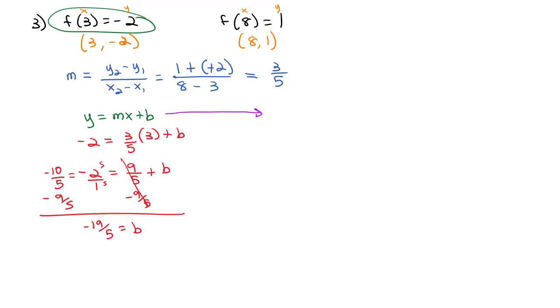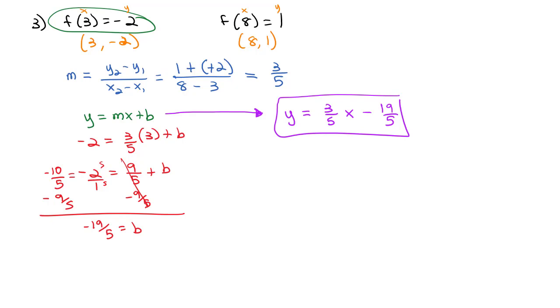Now that we have our slope, our rate of change is 3/5. We have our b, our initial value of -19/5. We can say the equation is y equals 3/5 x minus, because it's negative, 19/5.